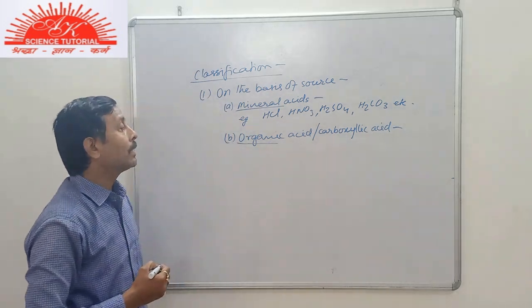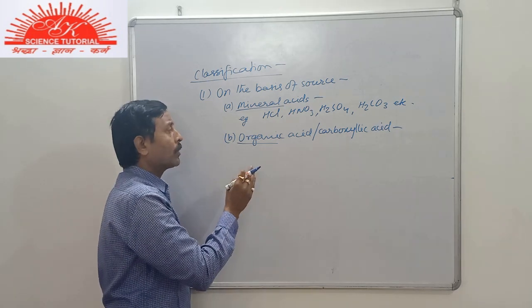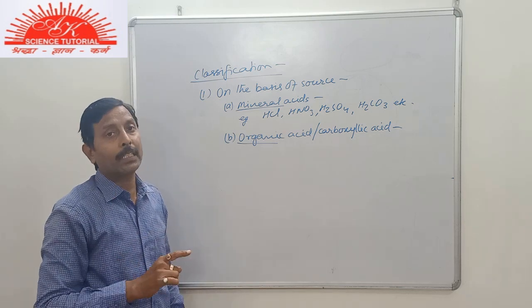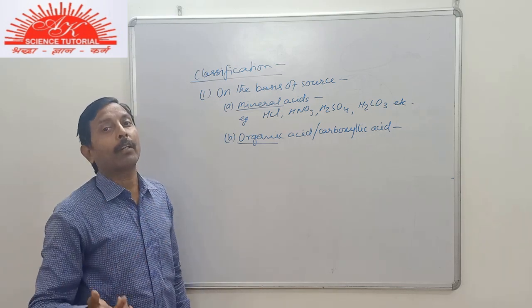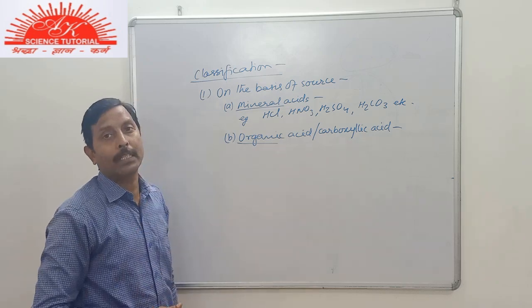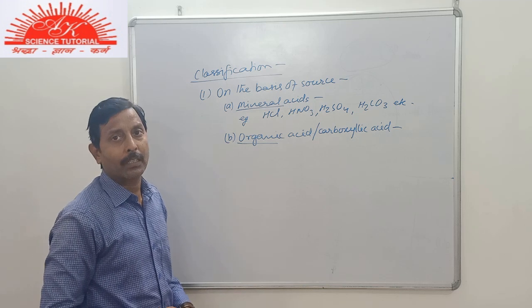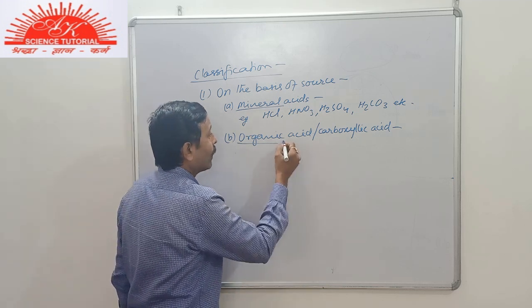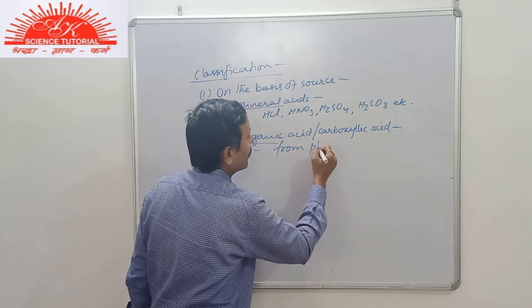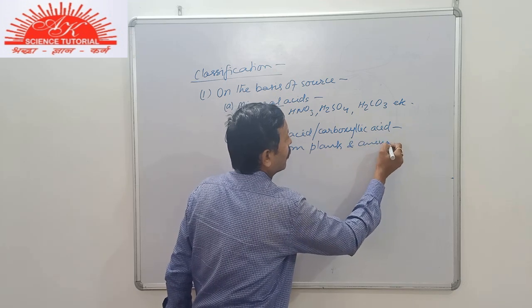Organic, how is the term derived? In simple terms we can say organic is derived from organism, organ and then organic, means it is obtained from living resources, that is generally from plants and animals.